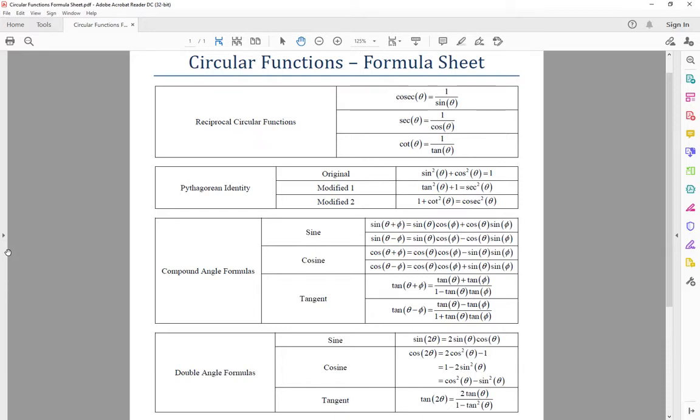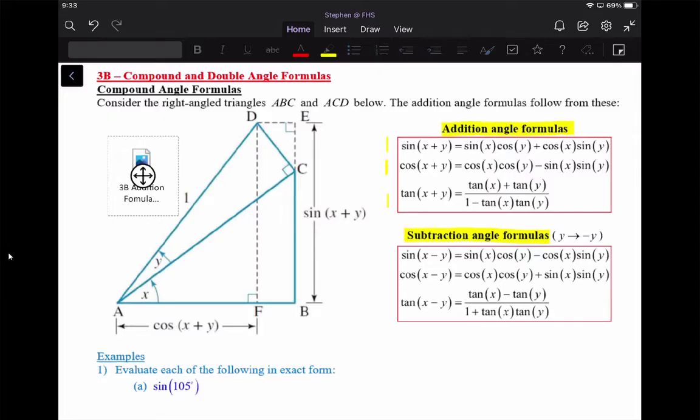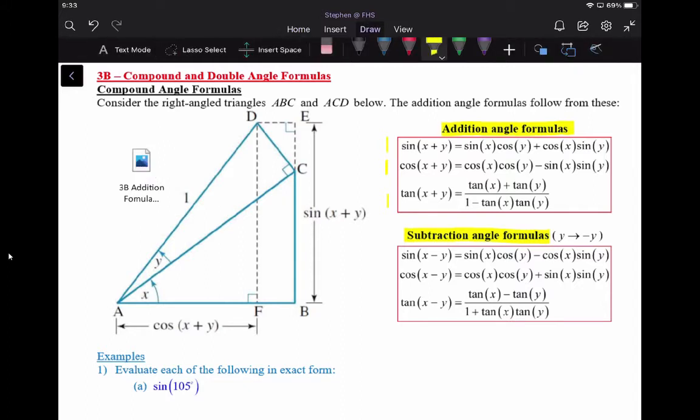These in fact will be given to you in your usual end of year exam formula sheet as well. So you can always refer back to these formulas whenever you need to use a compound or double angle formula. You don't need to actually memorize it, which is really good. Okay, so that is how that one works out.